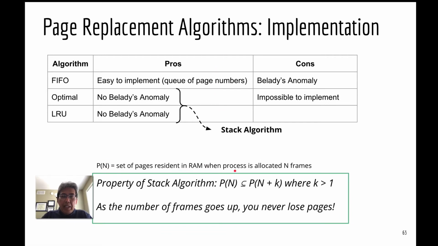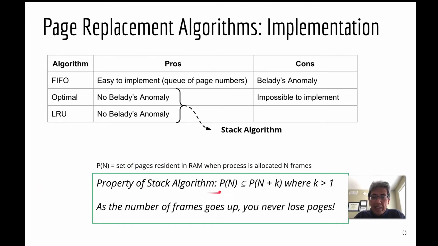Mathematically, we can express the stack algorithm using this set relationship. If Pn is the set of pages resident in RAM when a process is allocated n frames, the stack algorithms have this property: the pages resident when the process is allocated n frames are a subset of the pages when we increase the allocation by some number k.